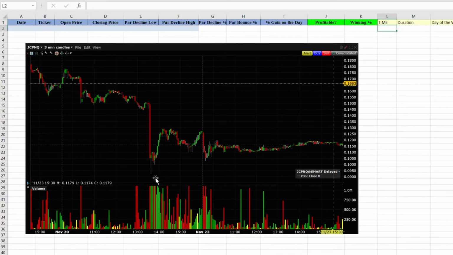Time, so when did this happen? This particular pattern happened at 13:30 New York time. Duration is the parameter that describes how long it took for a stock price to drop. So I usually take some kind of consolidation area, so here, and I would take like the highest point, so here, and how long in minutes it took for the stock to drop, and I would write down this duration.